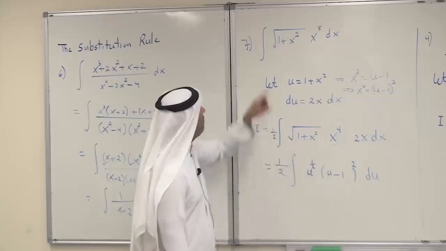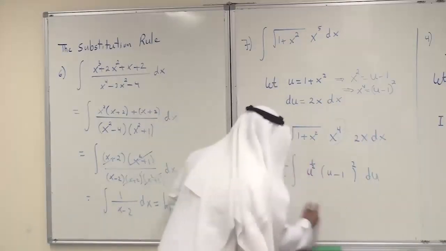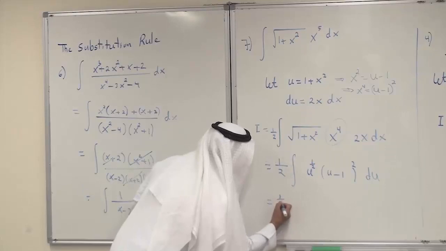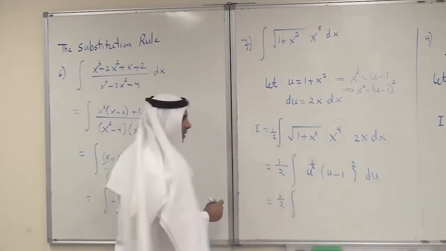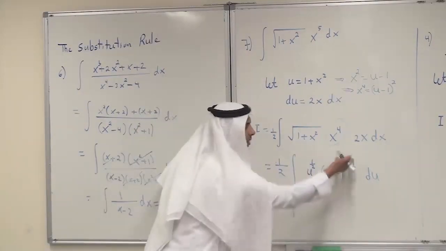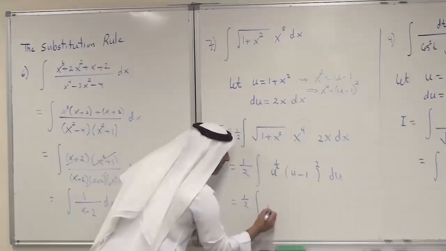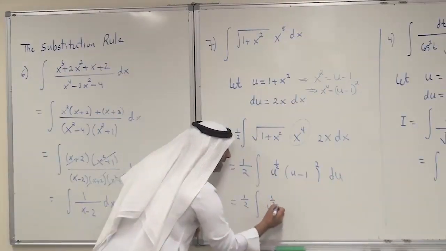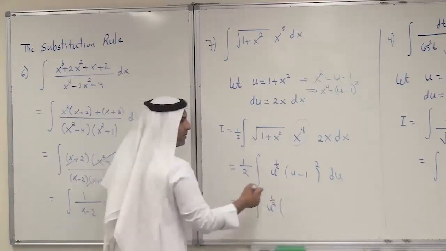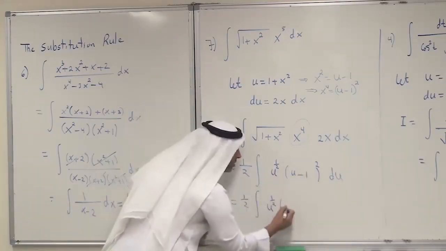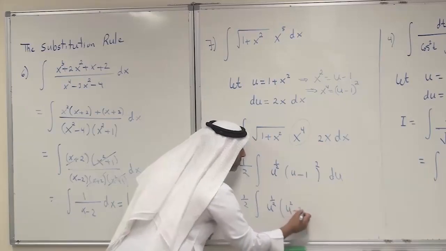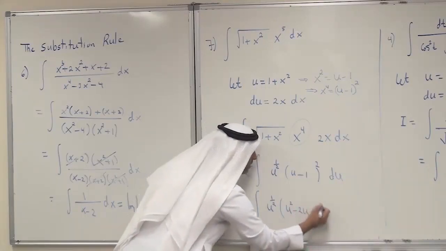Yes, we are removing the problem now, because here we have 1/2 times... We can open the squared now. Before we could not distribute the exponent, but now we have u to the power 1/2, which is a single term, times expanding this, which gives u squared minus 2u plus 1, du.